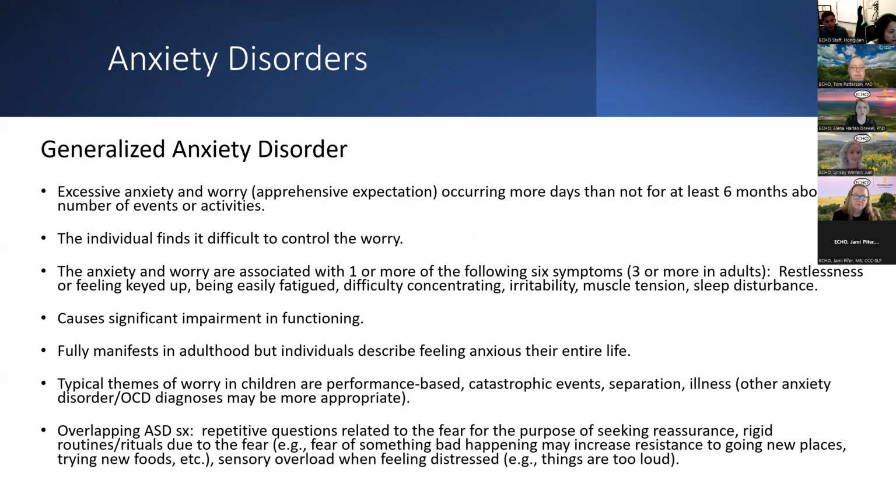It causes significant impairment in functioning, and it usually fully manifests in adulthood, but adults describe that they were always anxious pretty much their whole life. And there are usually themes to the worry, such as performance-based themes, fear of catastrophic events, such as weather events or something bad happening to the parents, fear of separation, illness.